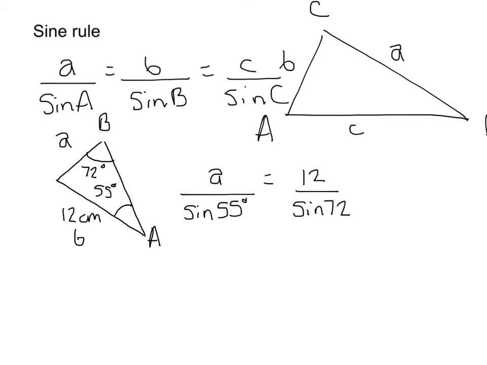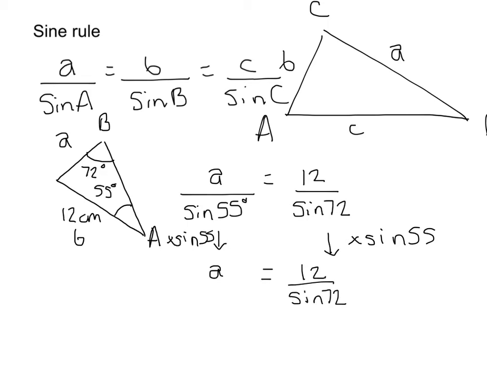Now, as always, you'll notice that we want to find the value of the unknown, that being a, the length of a. So the first thing I'm going to do is multiply by sine 55 to get a on its own. Now that leaves me with a equals 12 over sine 72 times sine 55. Now, using my calculator, I'm going to work that out.